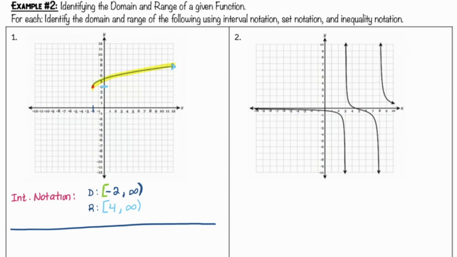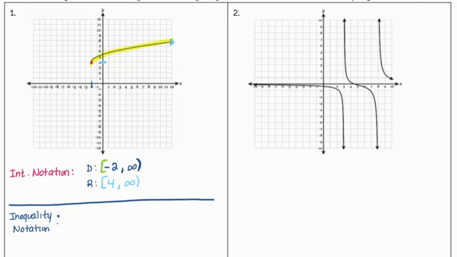Next thing I'm going to do is my inequality notation. Okay, so same thing. I'm going to identify the domain and range. I'm going to ask myself the same questions, right? My domain, what is the smallest possible domain? Where does it go? I already know what the domain is because I did it for the interval notation. So I'm trying to figure out how can I represent this domain as an inequality? What does this domain mean?